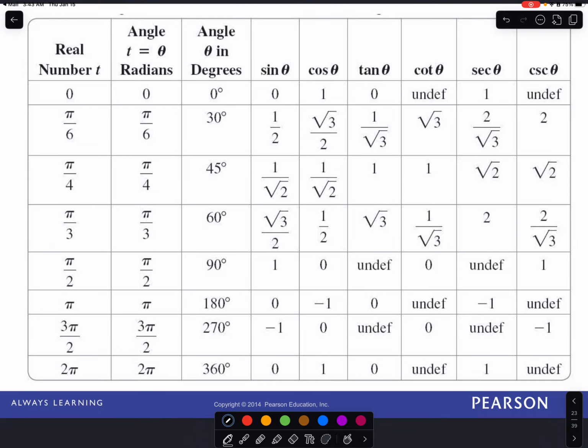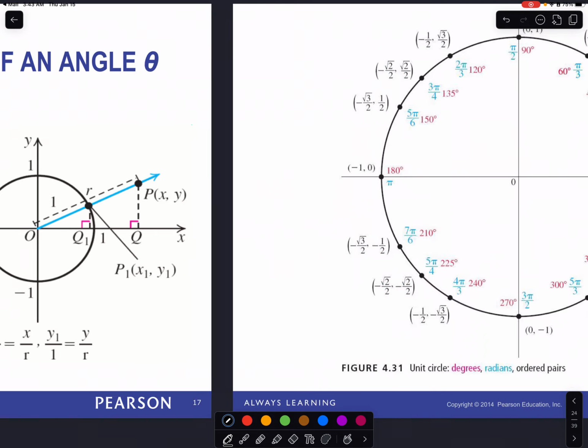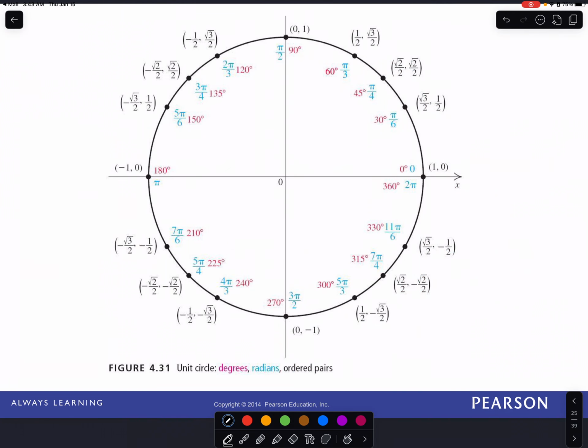Okay, so now all of this really we get it from the unit circle. So this is the unit circle. 30, 45, 60.